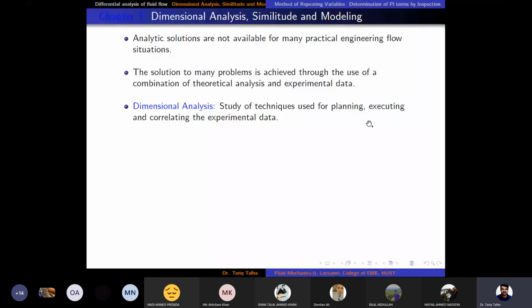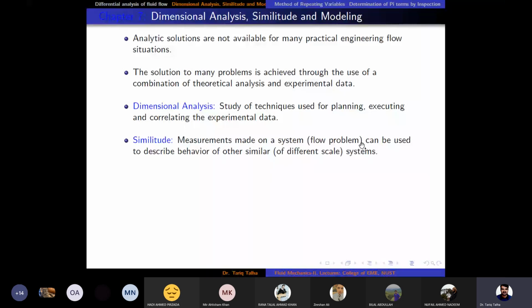And then similitude means that a measurement made on the actual system can be used to describe the behavior of other similar systems, as I mentioned about the downscaling of the Boeing 777 wing, so that we can downscale it and conduct the experiment in the wind tunnel.